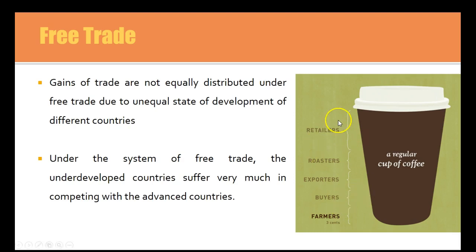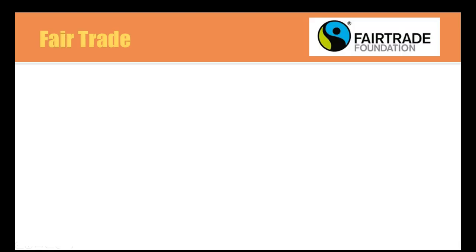So if we have a look at the percent of money, the farmer gets 3 cents out of a regular cup of coffee. So if you look at coffee as $4, what the retailer, the roasters, the exporters, and the buyers get is completely different. So a free trade system really doesn't help underdeveloped countries and just keeps them in poverty.